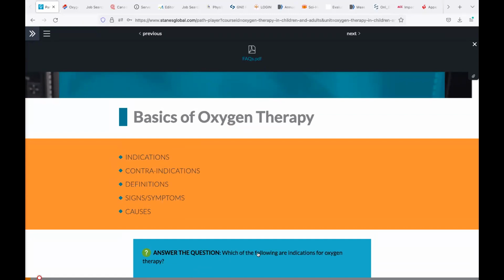So it is visible. Okay. Yeah, so we start with the basics of oxygen therapy: indication, contraindication, some definitions, and signs and symptoms, and some causes of respiratory failure.